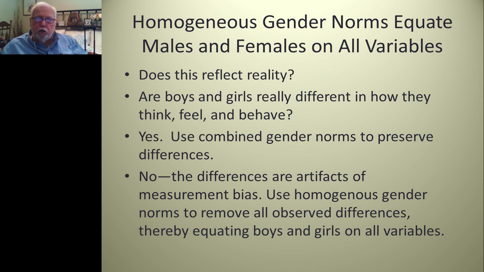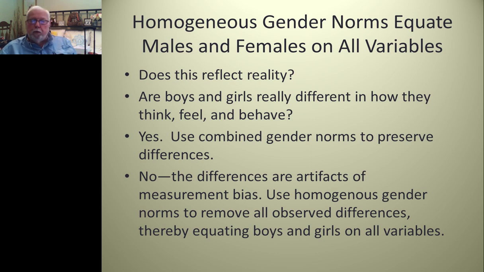Does it reflect reality? If we want to equate males and females on all gender norms, you have to ask, does this reflect reality? Are boys and girls really different in how they think, feel, and behave? I think they are very different. And therefore, I want to preserve those differences.